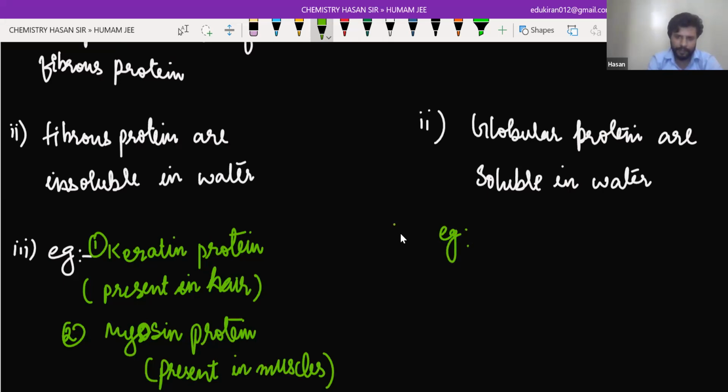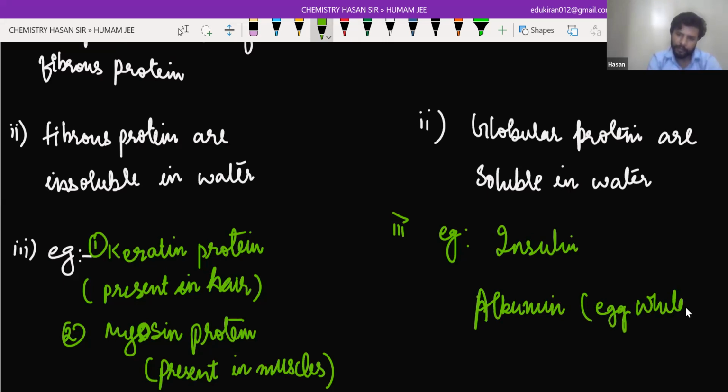Here is another example, albumin, that is present in egg white. Right.